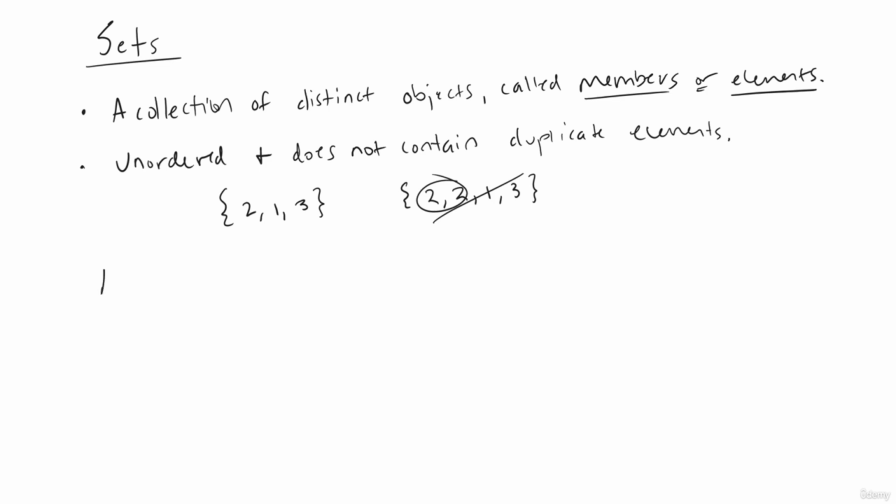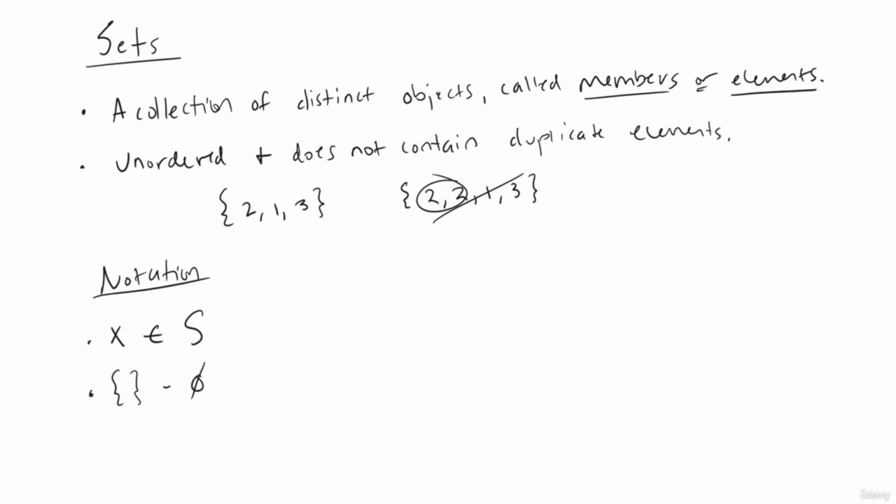And so a bit of notation here: if I have some element x and it is a member of a set S, I can write x and then this symbol, and I say x is a member of S. And if I have a set that has nothing in it, I can just write this as the empty set.